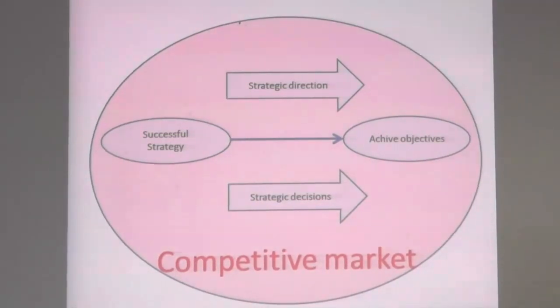If you are not analyzing the competitive market and the strategies the other companies have taken to achieve their goals, sometimes you will be failing, because whatever plan you are preparing will be affected by other competitors as well. So, I think that from this slide you understood about successful strategy and how to achieve that, how the directions are given, how the decisions are taken, and also the environment of the competitive market that you are going to deal with.